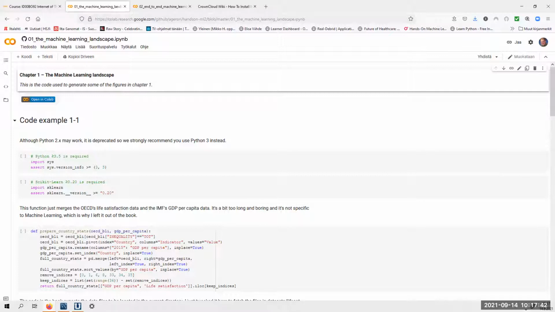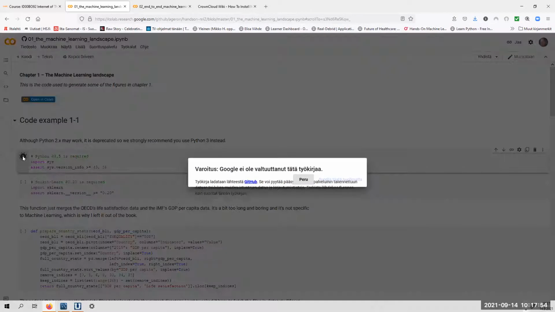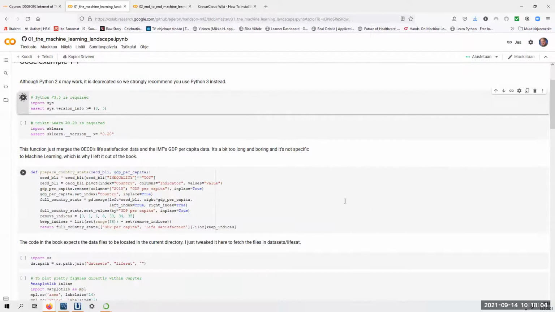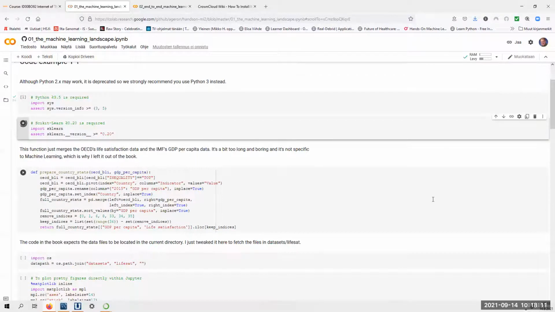It takes some time, my computer is dying. So here you can run the commands where you have this arrow, and it takes a few seconds to run those.